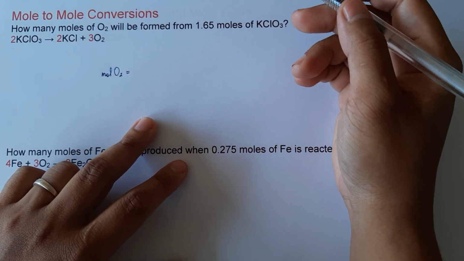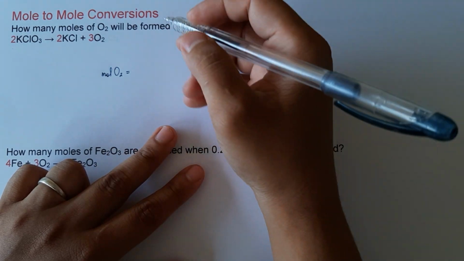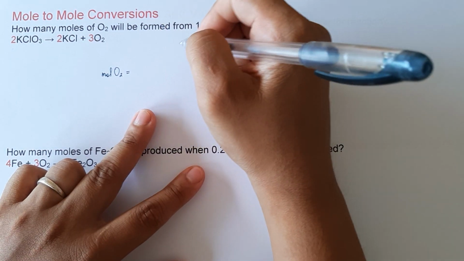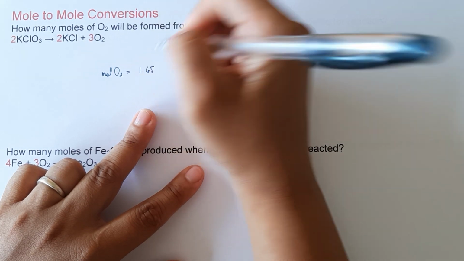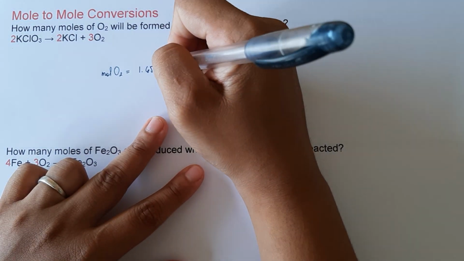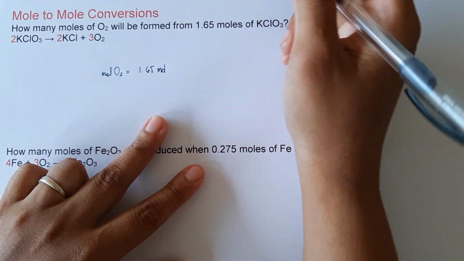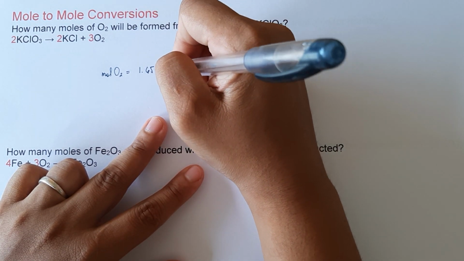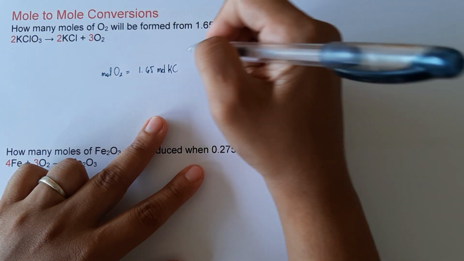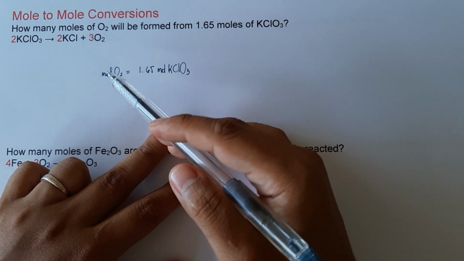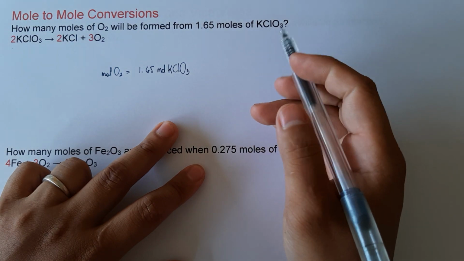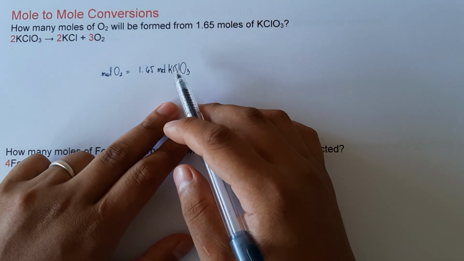So, what is our given? We have 1.65 moles of potassium chlorate. So, this is our given, and this is what we are looking for.